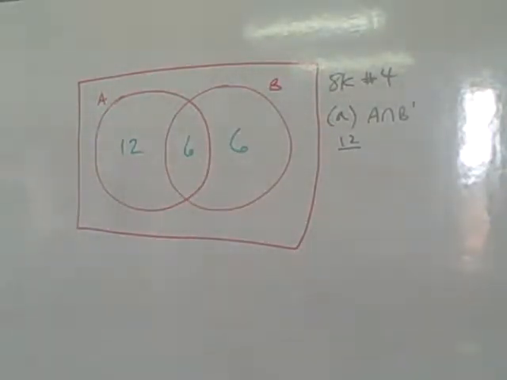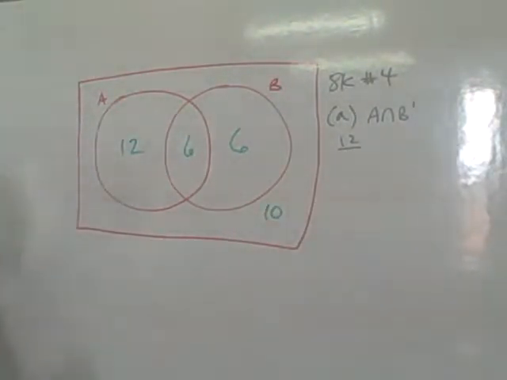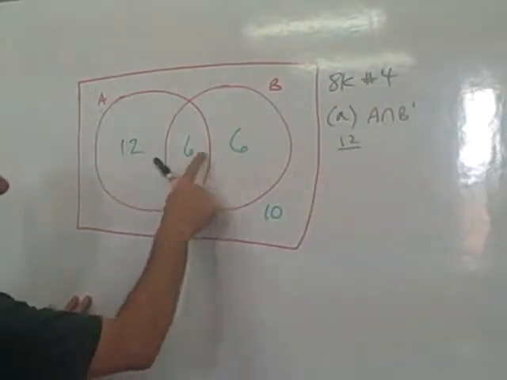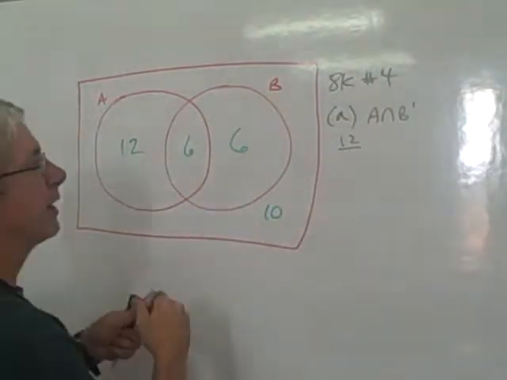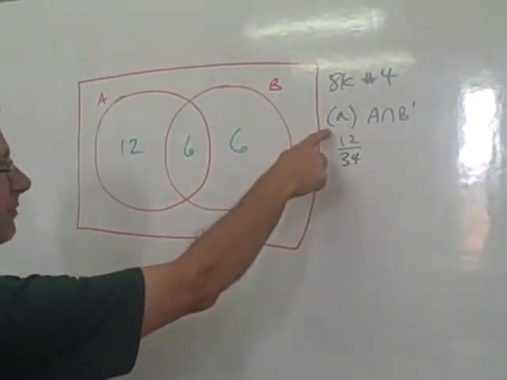And you notice in this one, there's actually 10 more individuals outside over here, so we have to add all these numbers for the denominator. So that's 12, 18, 24, 34 individuals total, 12 of them fitting this requirement.